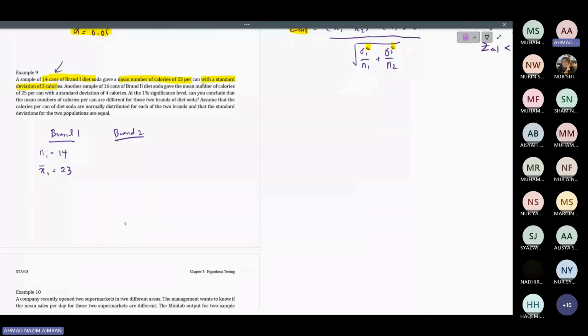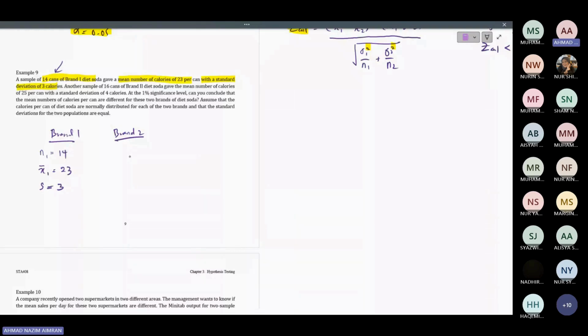So our s, now we have a sample standard deviation, not the population, is 3.